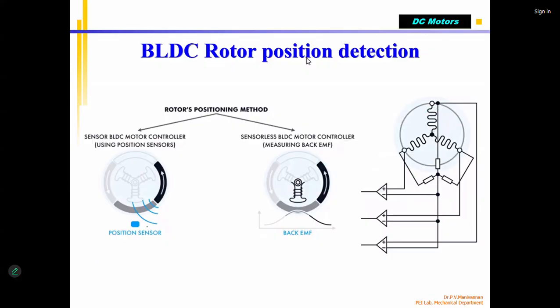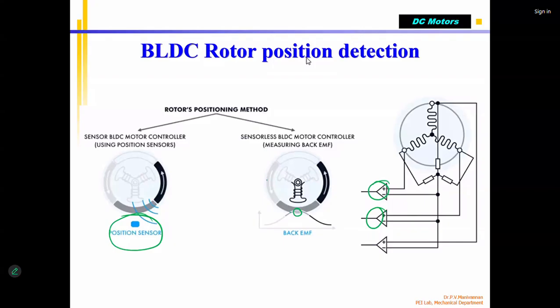What is the advantage? I don't need the sensor. Cost effective, correct? The rotor definitely generates a back EMF in the stator coil, and when the stator aligns with the rotor coil, the back EMF is at its peak. If I detect this peak using this comparator, I know whether the rotor has come closer to the stator coil. So automatically I can switch off this coil and give the power to the next coil.